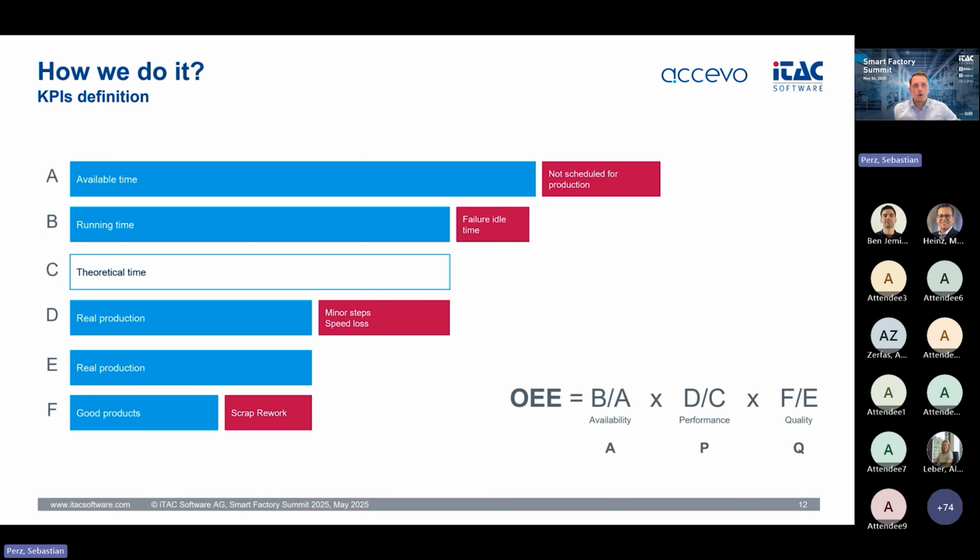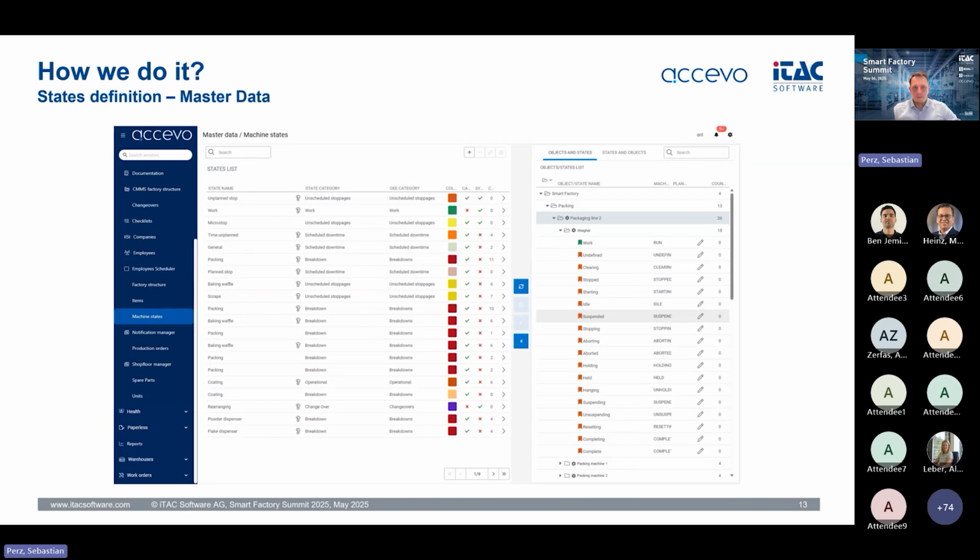We have cases where customers showed totally different OEE on the same line but in different factories. When we focused on these numbers, we concluded they used different models of calculating OEE. So we try to eliminate this problem.